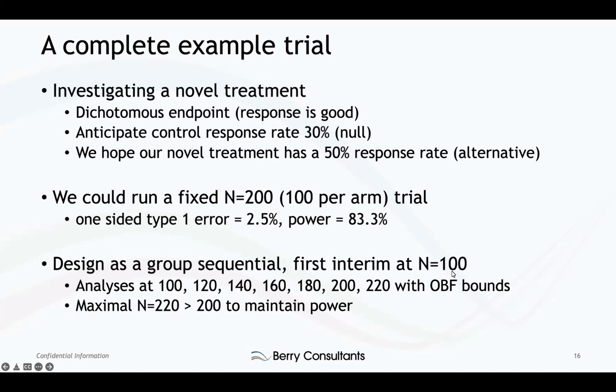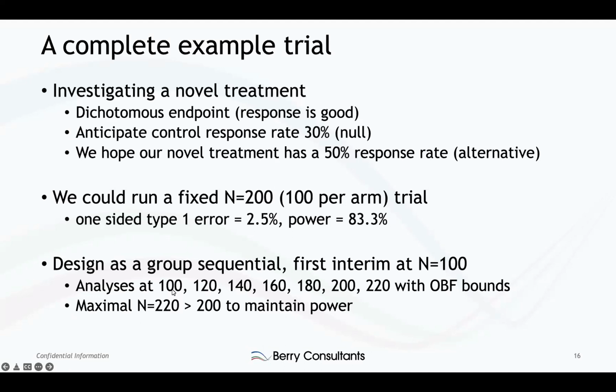And so this may be a discussion of what's the minimum required sample size. This is also going to be an interesting question when we get to bias. I'm going to talk about this again. But for the moment, we're going to do analyses at 100, 120, 140, 160, 180, 200, and 220. And again, this may be what we use for exploration.